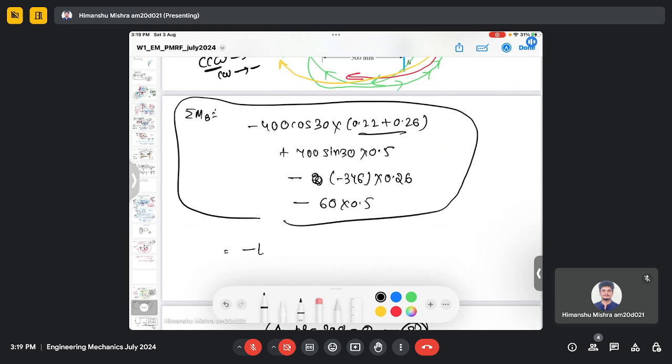So the first term is 166.276 plus 100 plus 90 minus 30.